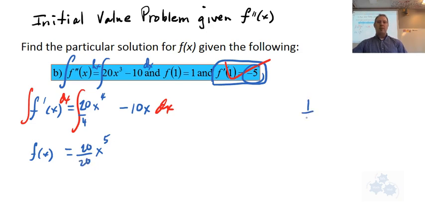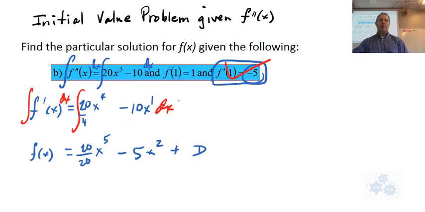Or think of it like this, 1/4 times 20, and multiply by 1/5, so that's 20 over 20. And over here, this is a 1 right now. We're going to bump that up to 2, and divide this by 2. And so that's going to be minus 5x squared.